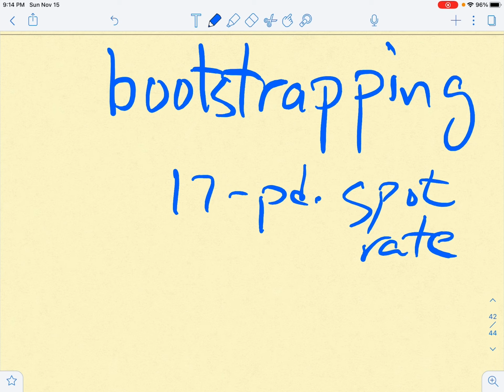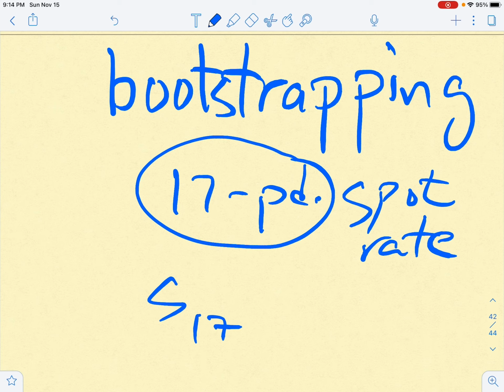One way of getting to an accurate assessment of what the appropriate spot rate is for 17 periods, what we would call S sub 17, bootstrapping is the technique you'd use.